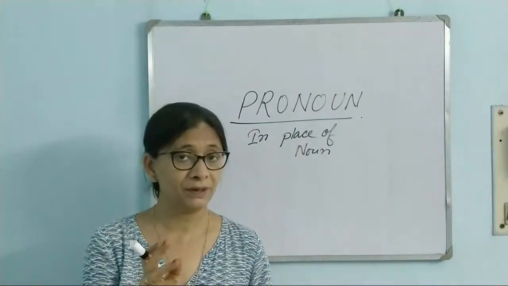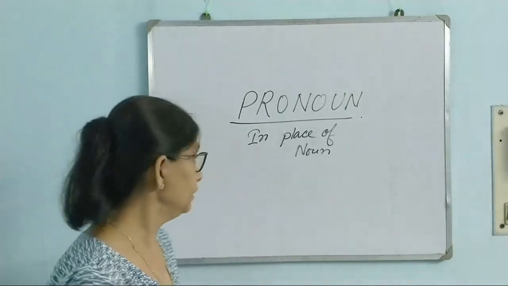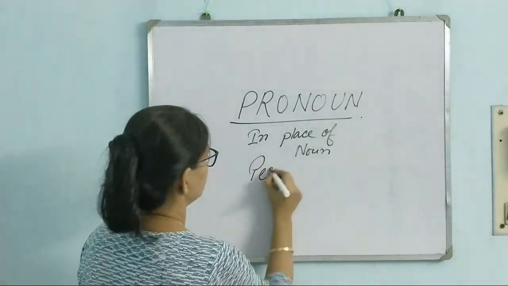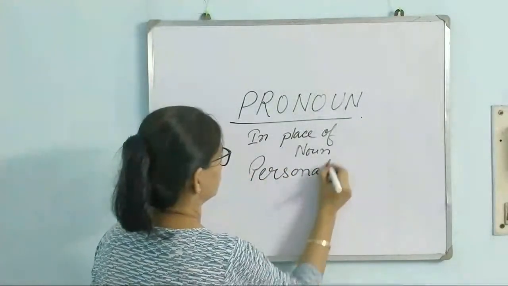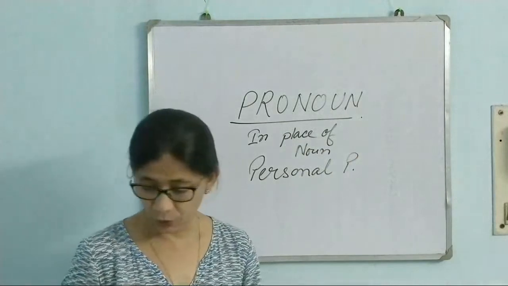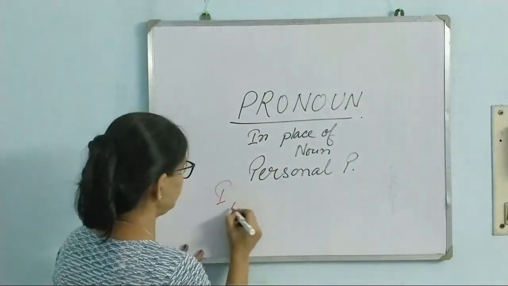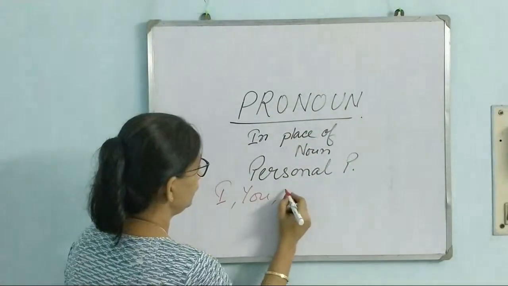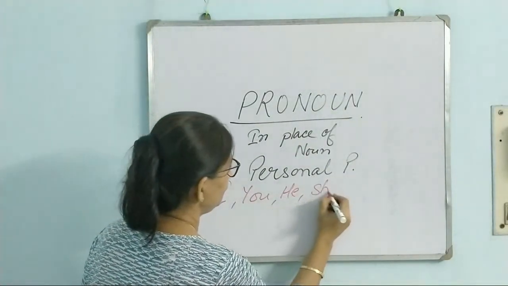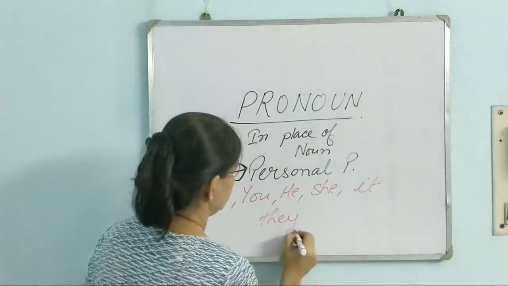First of all, we shall begin with the most basic pronoun, and that is personal pronoun. I'm just writing P for pronoun. Personal pronoun. So personal pronoun we know. Personal pronoun, it is I, you, he, she, it, they.